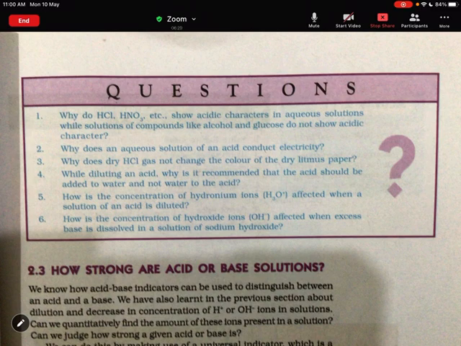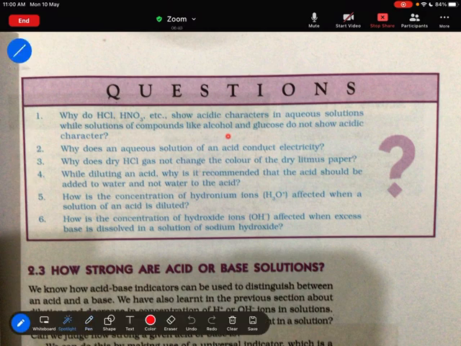Ions are the carriers of electricity. Ions are the current carriers. But in the case of alcohol and glucose, if you put alcohol in water, this does not dissociate into ions. Similar is the case with glucose. It will not provide any ion for the circuit to be completed or for the carriers of current.